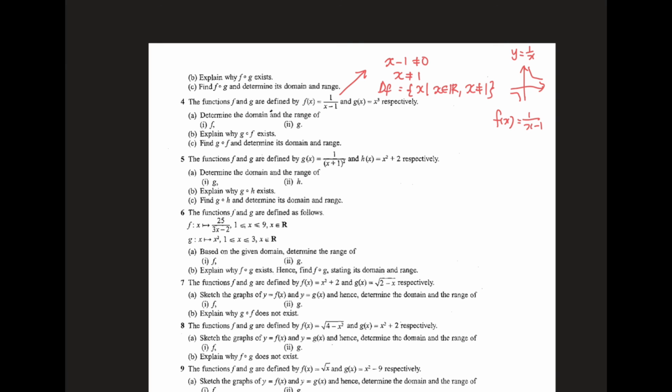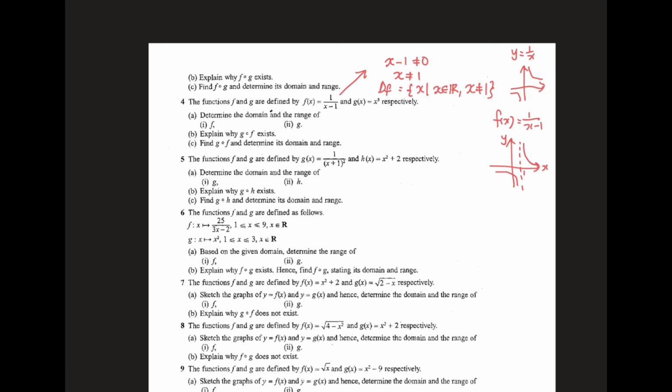We discussed this also: when x minus 1, it is a transformation to the right. So the graph will shift to the right and look like this, where the vertical dotted line is called the vertical asymptote.